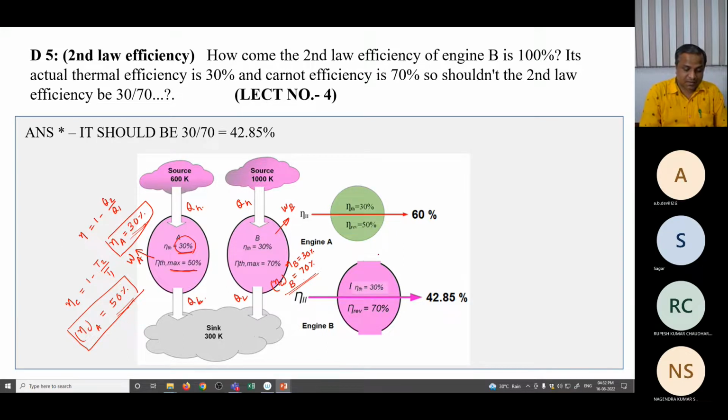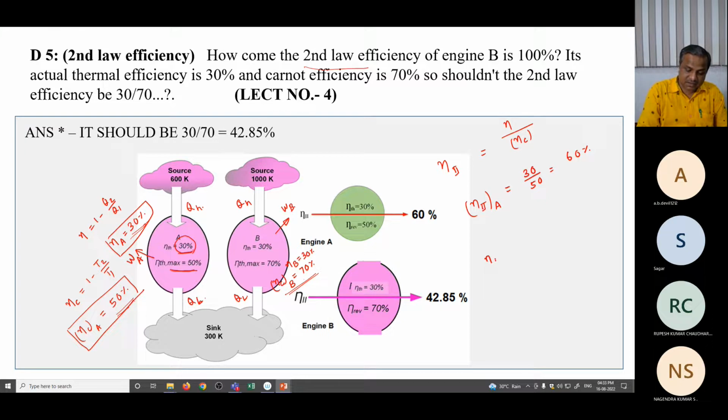So based on the data for engine A, the second law efficiency is defined as actual efficiency by Carnot efficiency. I'll write this eta second for engine A as 30 by 50, so it is 60%.